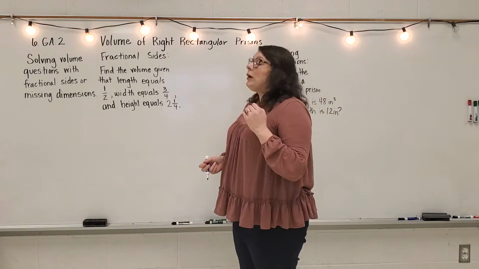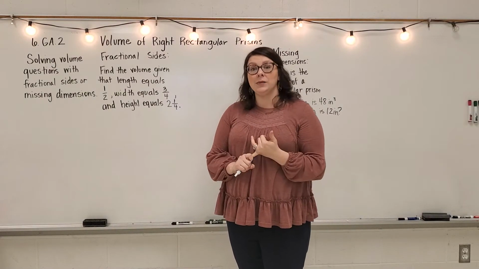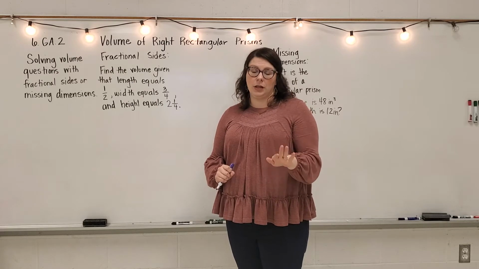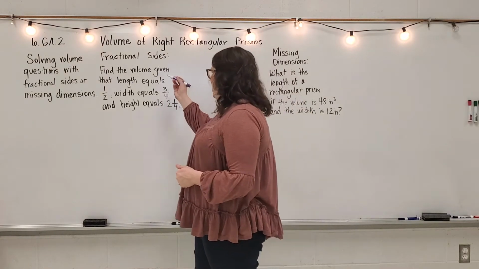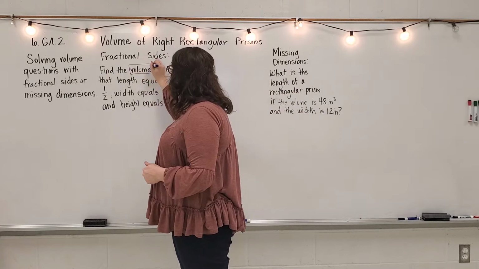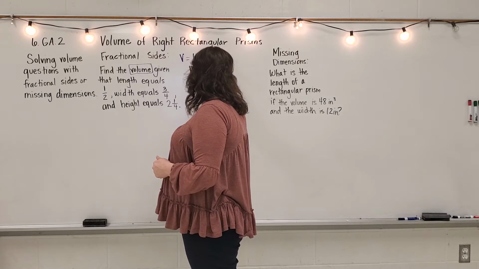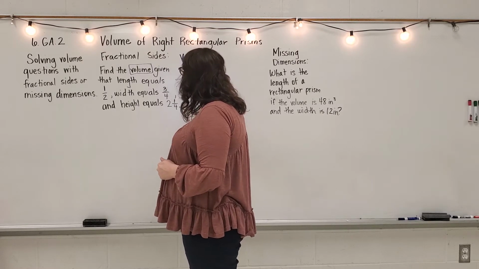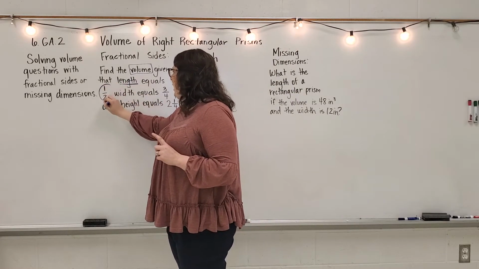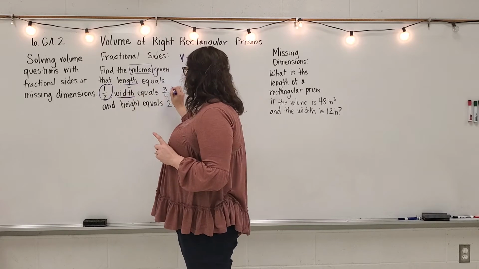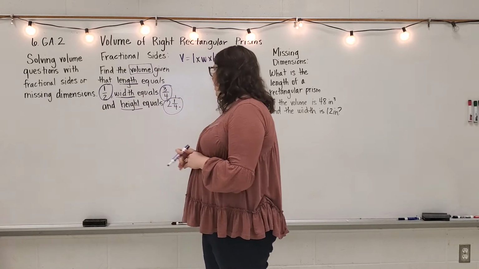One of the things that I always do when I see volume in a question, I automatically box it in and write down the formula that we're going to use, okay? So it says, find the volume, and I'm going to write volume equals length times width times height, given that length equals 1/2, width equals 3/4, and height equals 2 1/4.